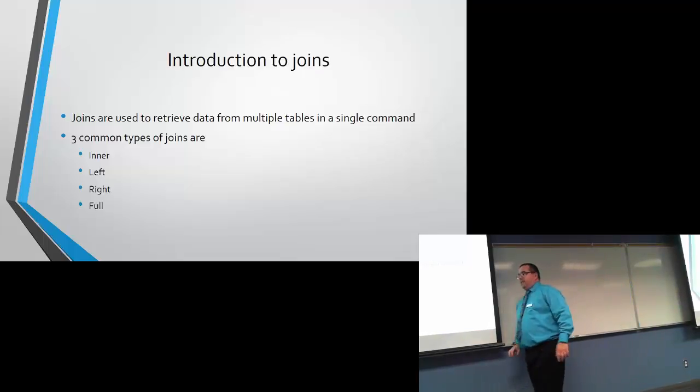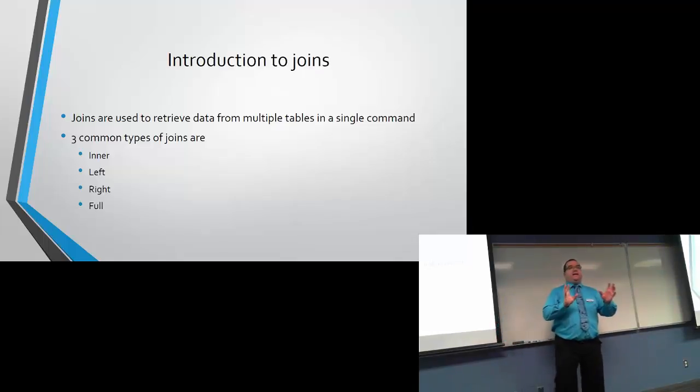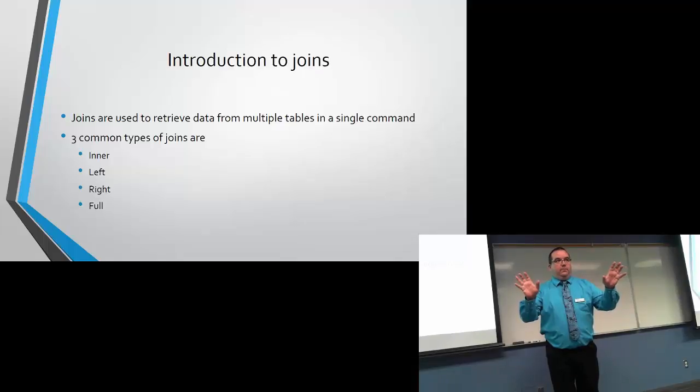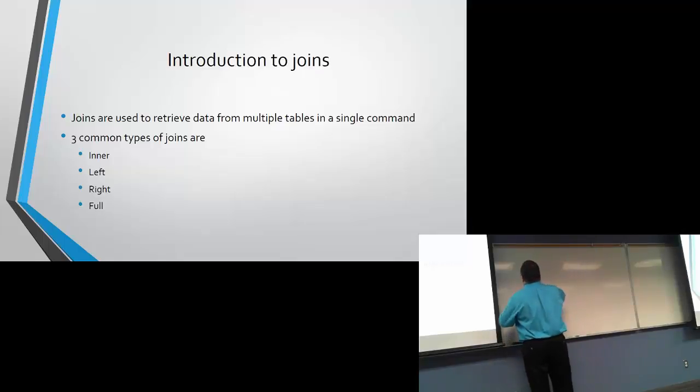Joins are used to retrieve data from multiple related tables. Okay? So I've got a table called types. In this I've got an ID and a name.